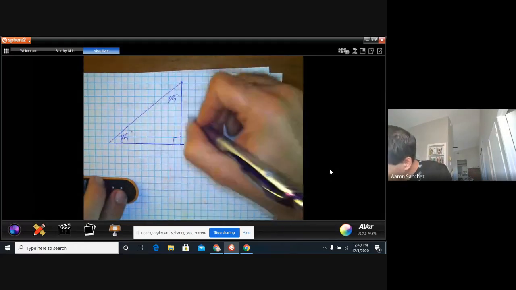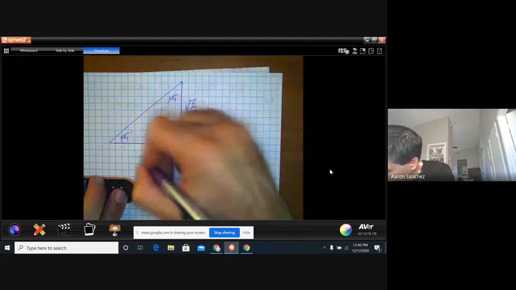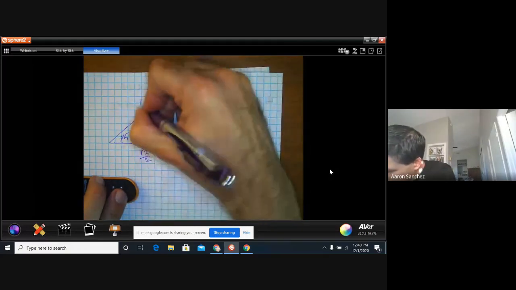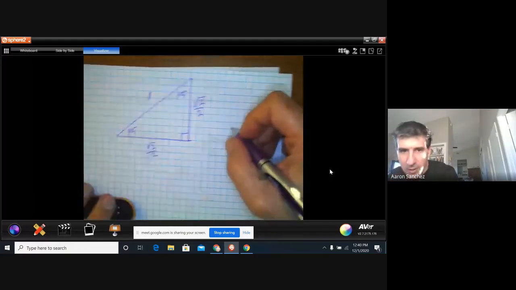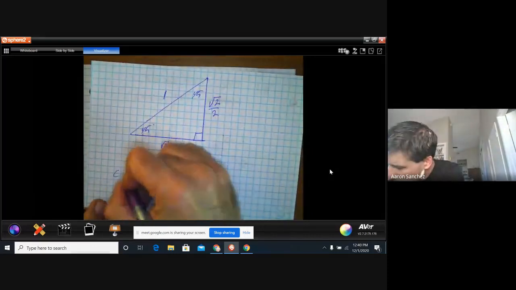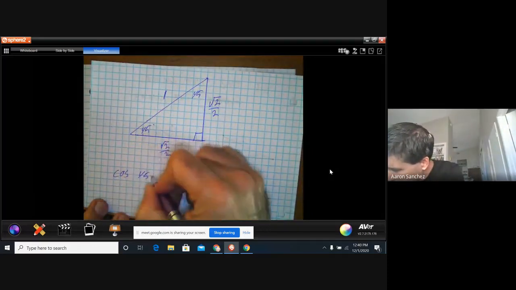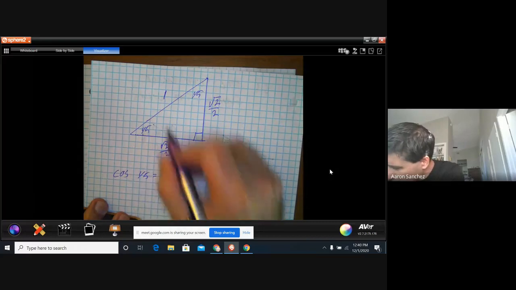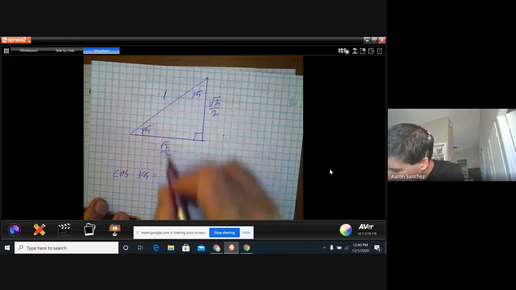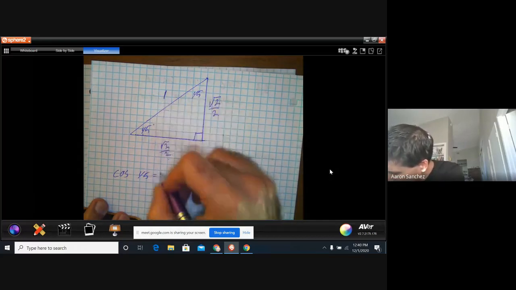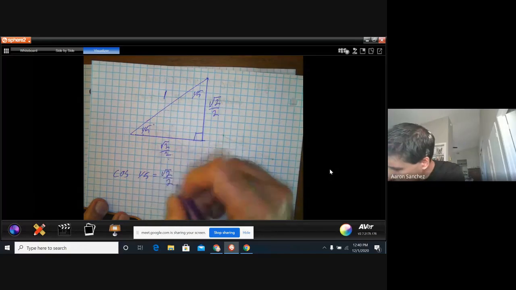Again, you don't have to write this down. We said this is root 2 over 2, this is root 2 over 2, and this is 1. So again, cosine of 45 degrees is adjacent over hypotenuse, which is root 2 over 2 divided by 1, or root 2 over 2.